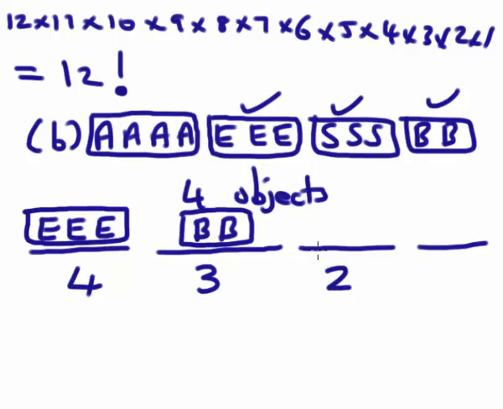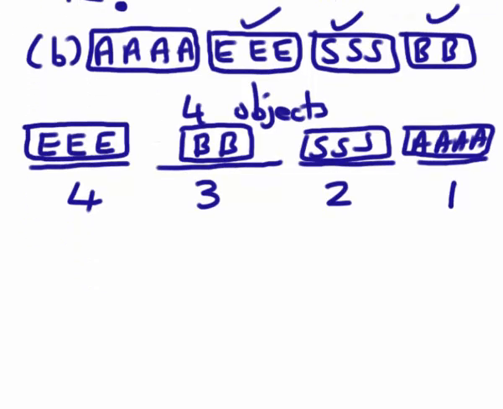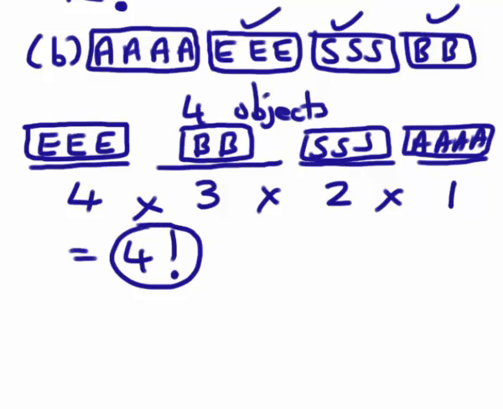Let's put the science there. The science books can go there, and then we're down to 1 possible choice with the 4 Afrikaans there. Now in how many ways can those objects be arranged relative to each other? 4 times 3 times 2 times 1, which is 4 factorial ways for the arrangement of those 4 objects.